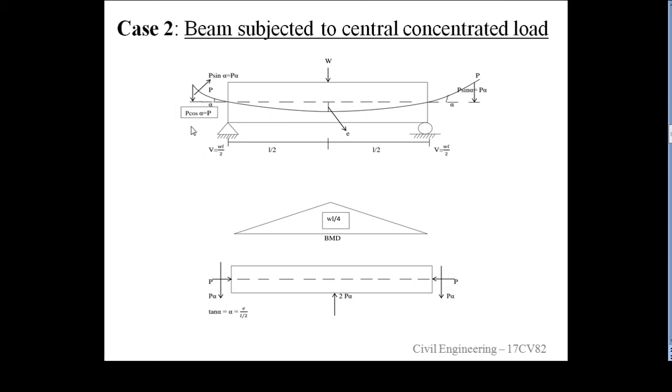Here cos alpha is equal to 1 for small angle, and P sin alpha is equal to P alpha. The reaction V is equal to WL/2. For a single point load, the maximum bending moment is WL/4. The two P alpha components give the upward load, which counters the bending moment WL/4.